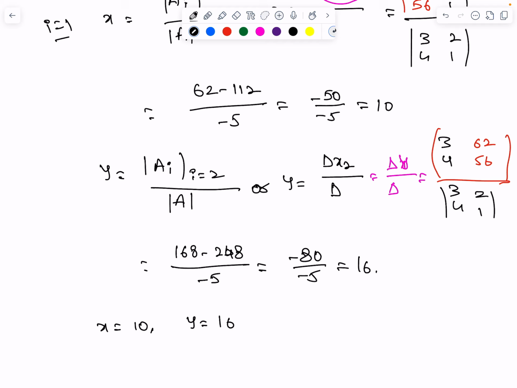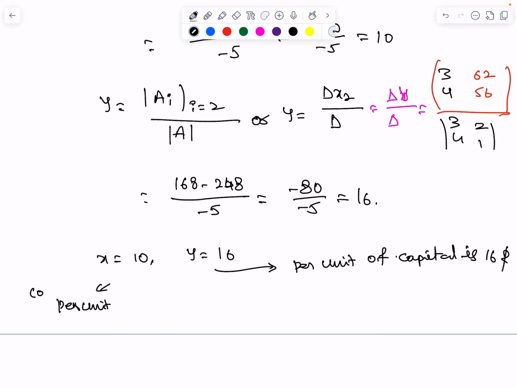So the per unit cost of capital is 16 rupees, and the cost per unit of labor is 10 rupees.